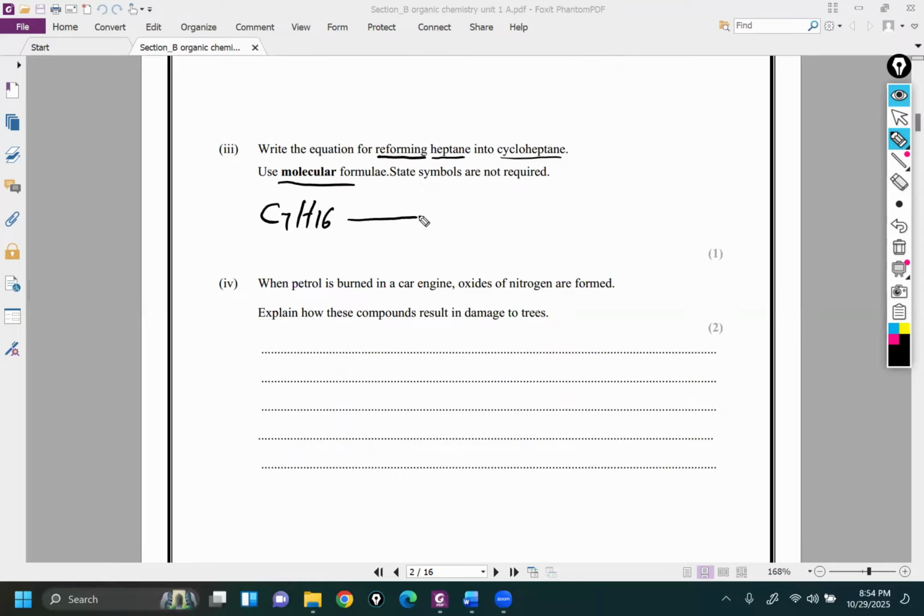Now this is reforming, so into cycloheptane, and the cycloalkene general formula is the same. So hydrogen will be double the carbon, and 2 hydrogen have been removed. Whenever the straight chain alkane changes into cycloalkane, hydrogen is always removed.